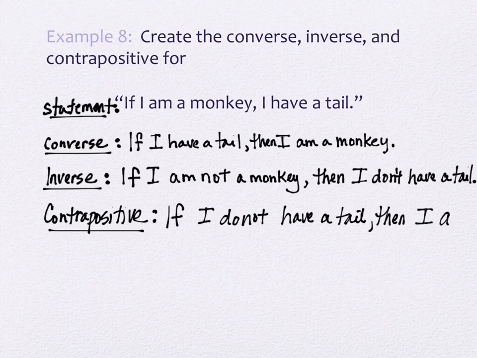I am not a monkey. All right, so I'm going to let you explore a little bit more about which of these are logically equivalent in your group work, which is what we're headed to next.